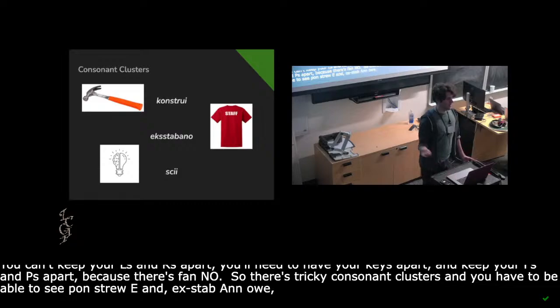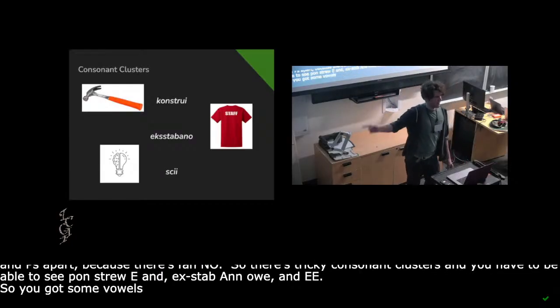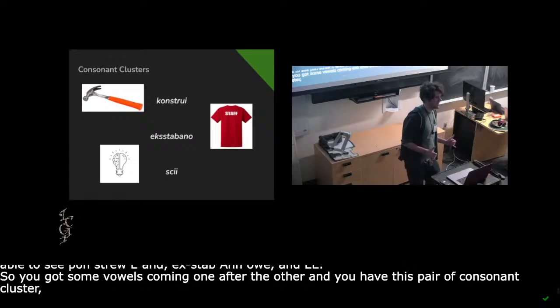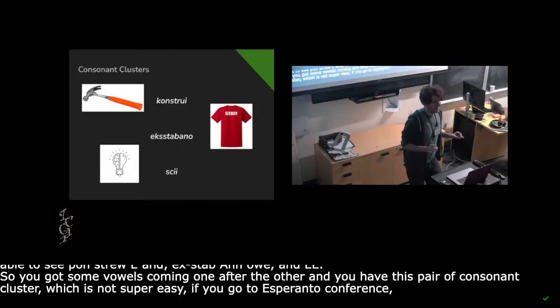So you've got some vowels coming one after the other, and you've got this pair of consonant clusters, which is not super easy. If you go to an Esperanto Congress, I don't know if the Esperantists here can attest, not everybody always pronounces them.